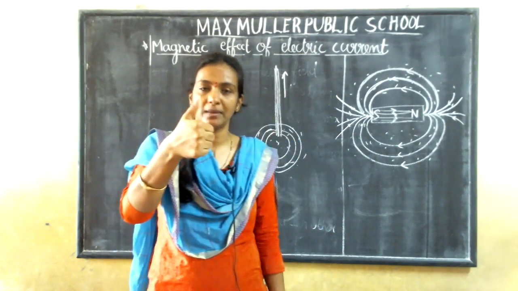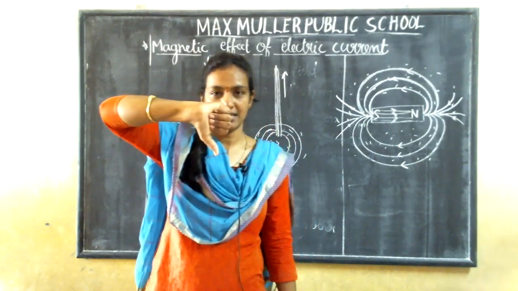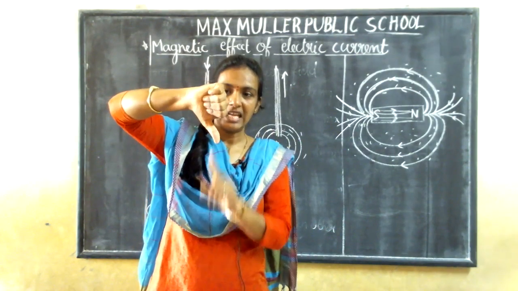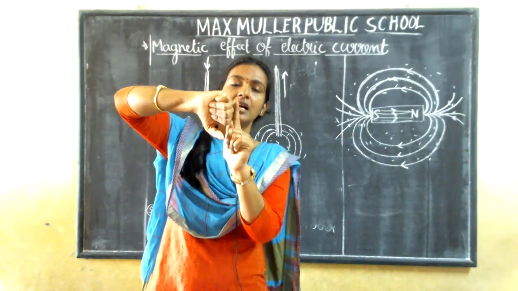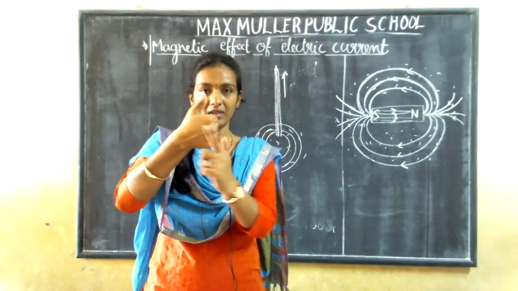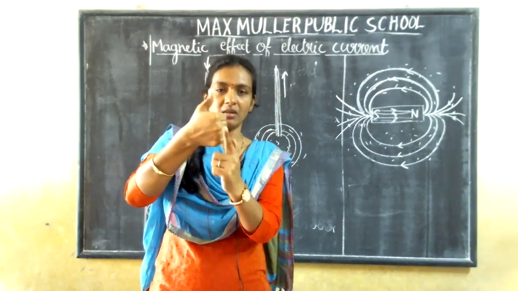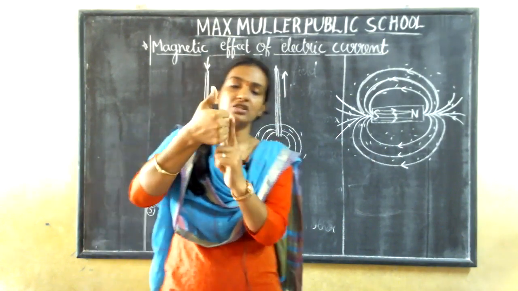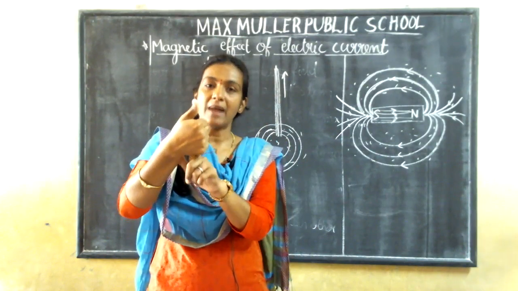Have you understood this? Think that you are holding it like this. The direction of the current is downwards. This is the North Pole, the emerging lines are like this, and these fingers show the direction of the magnetic field lines.